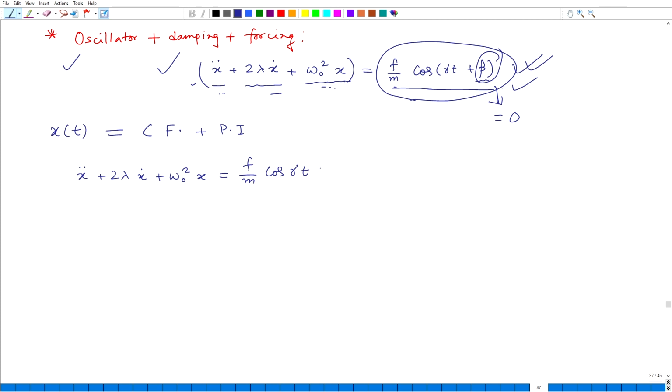Now, how to solve this? Since again the point is complementary function, particular integral, and we do not even know whether we have to include the case of resonance and everything, the best way is to cast the equation in complex form.